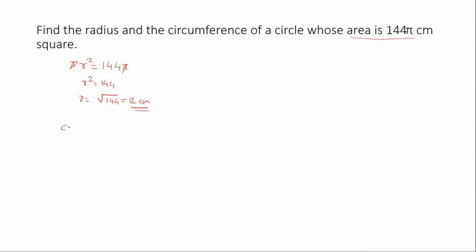Now we have to find the circumference of this circle. So we know the formula of circumference of the circle is 2 pi r.